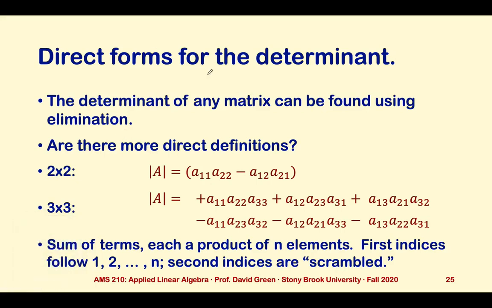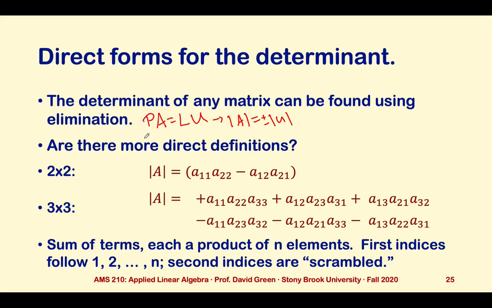We can express a matrix as an LU decomposition, PA equals LU, and the determinant of A can then be given by plus or minus the determinant of U, where the determinant of U is simply the product of its diagonal entries, and the sign is determined by the number of row swaps involved in making P.